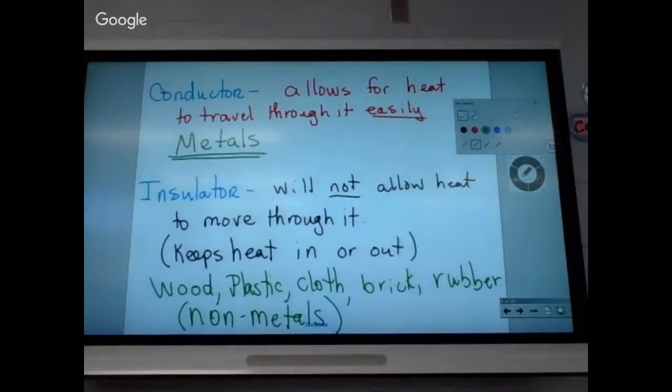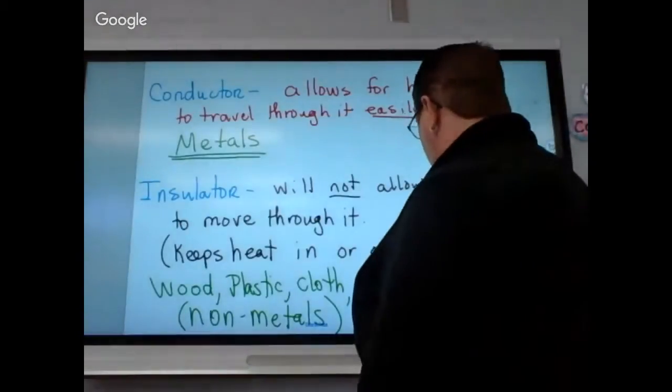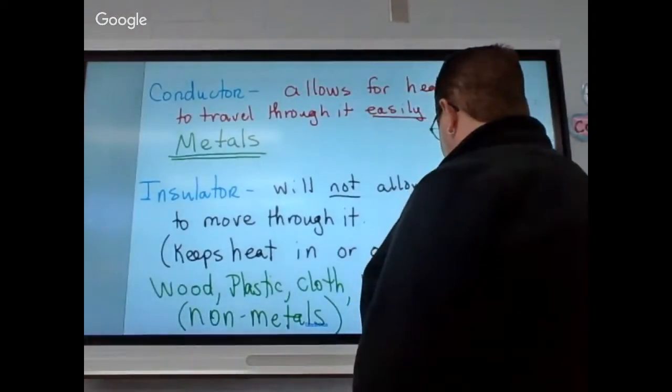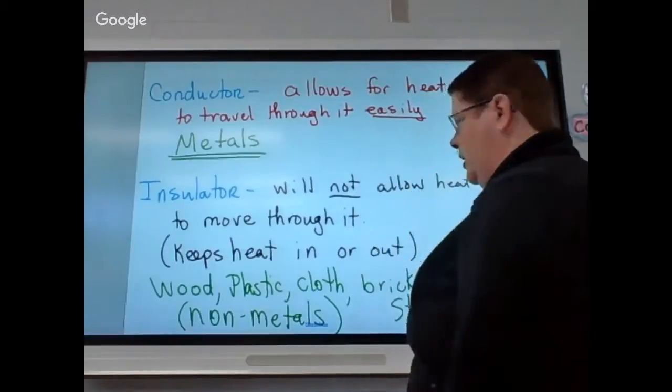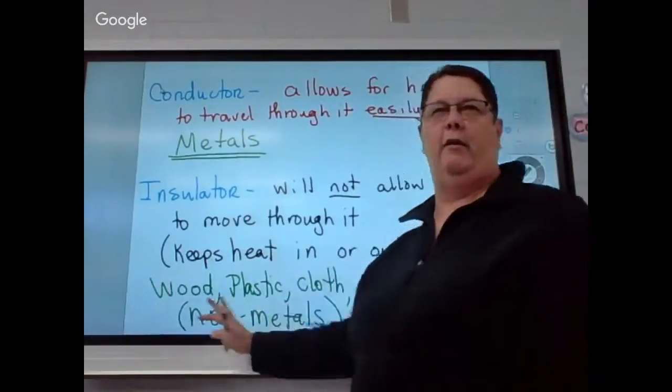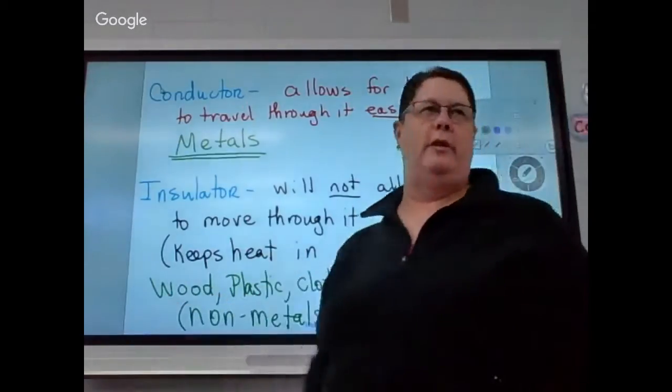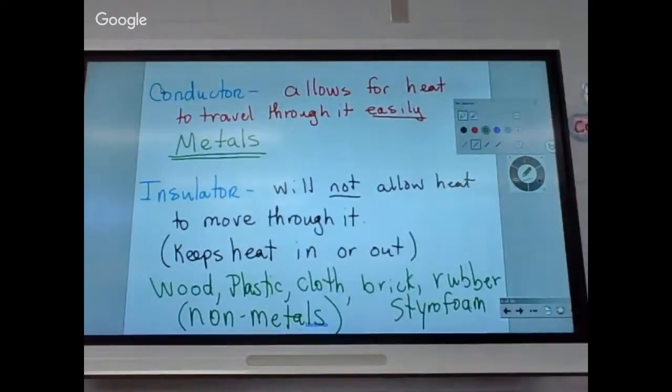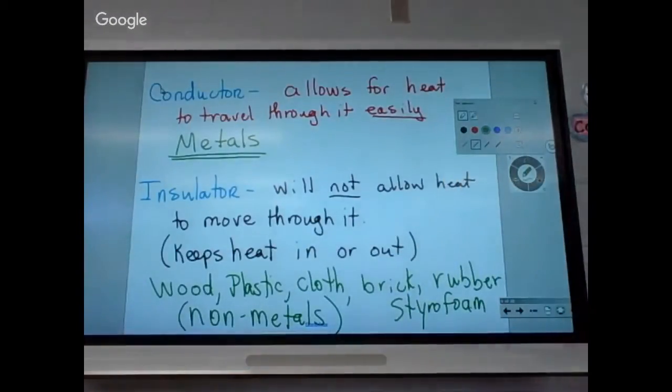If they're not metals, they're insulators. Good, Sierra. Styrofoam would fit up here. Yes, styrofoam is an insulator. Any of these things we put in green down here are non-metals. Non-metals are insulators. Metals are conductors.